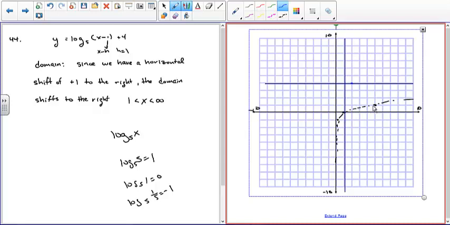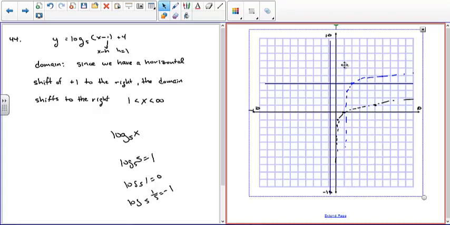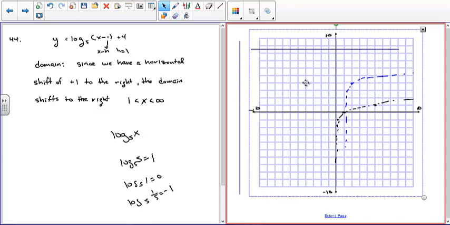Then you had this point, which was 5 units because it's base 5, so you go 1, 2, 3, 4, 5, up 1. There's that point, shifted. And then we have this point, which is 1/5 of a unit and down 1. With that, I can sketch in the transformed function. These two points were just to guide me.